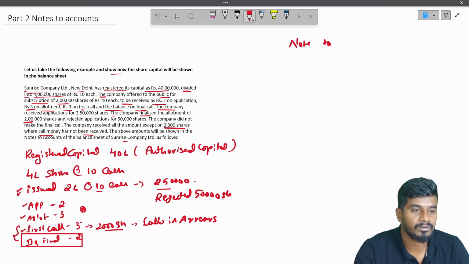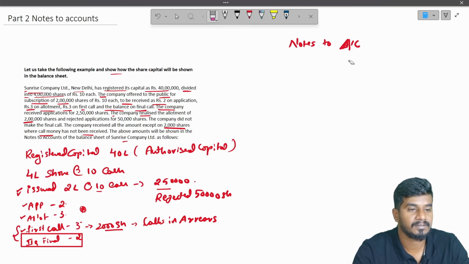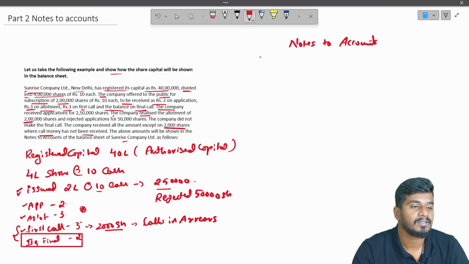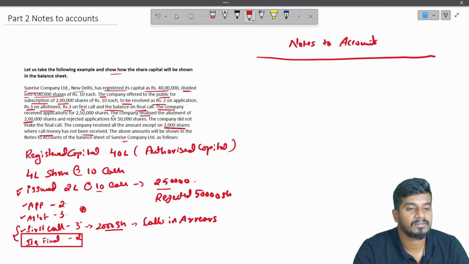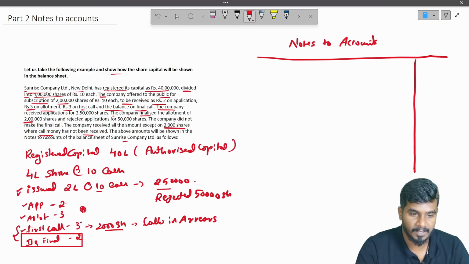Notes to accounts. Right. So we'll have this type of column.